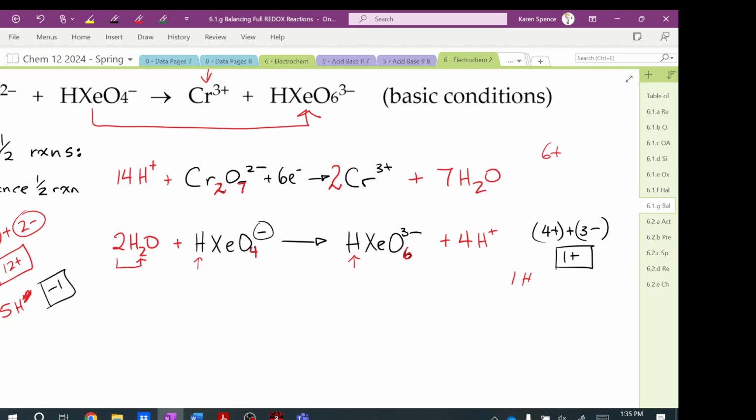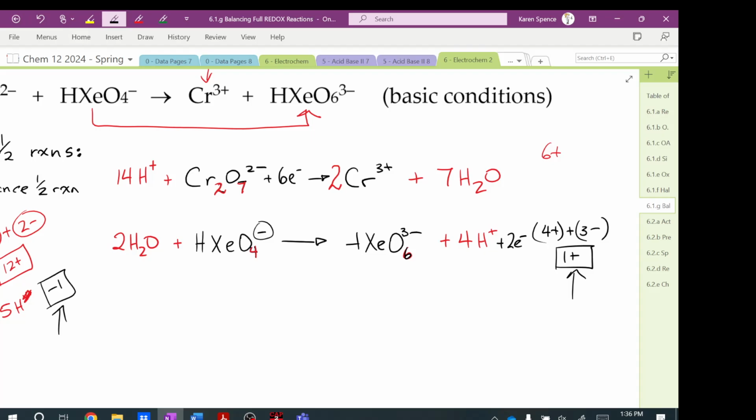To which side do we add electrons and how many? We add electrons to the side that is more positive. How many do we need to make it equal to -1? 2 electrons.